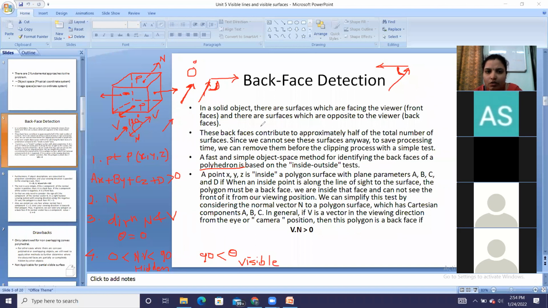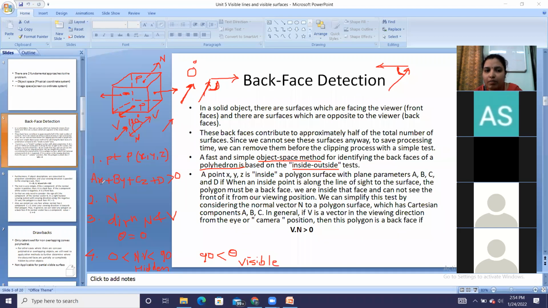Okay. So what this backface detection does, first of all, this is the first method, that is object space method, and we are actually doing the inside outside test. Okay, so you have to remember that this is the object space method and we are carrying out the inside outside test. For that, first thing is we are considering any point P with XYZ coordinates.